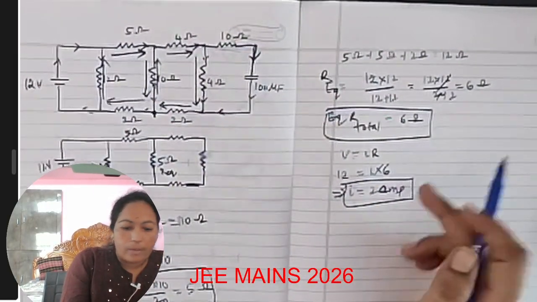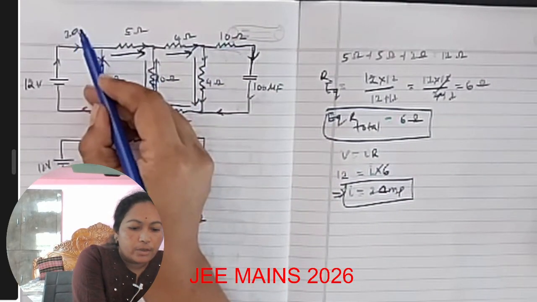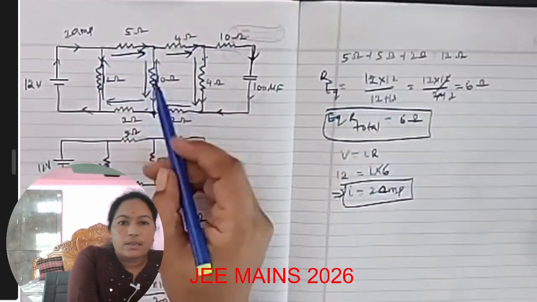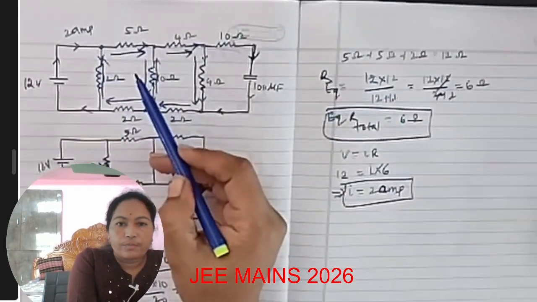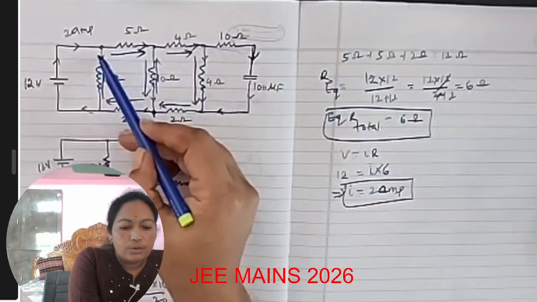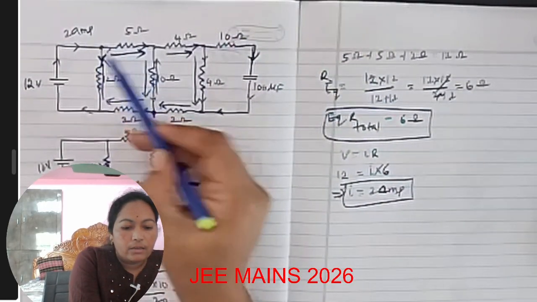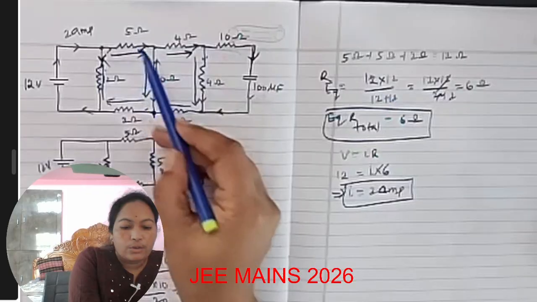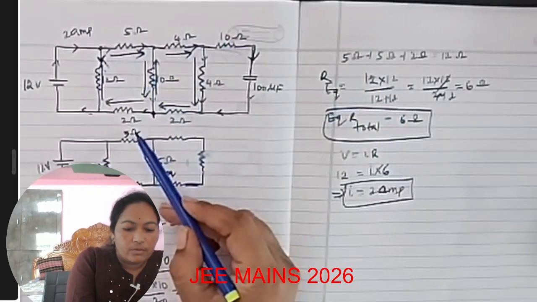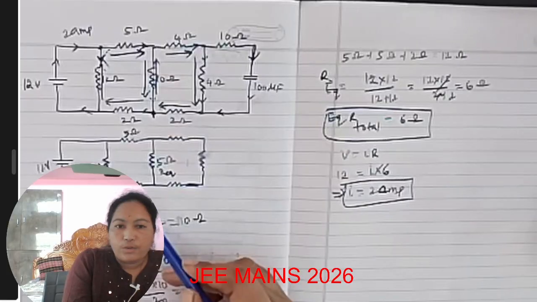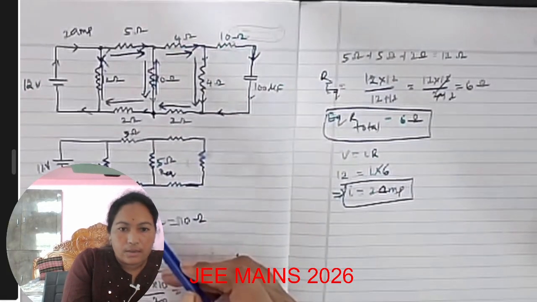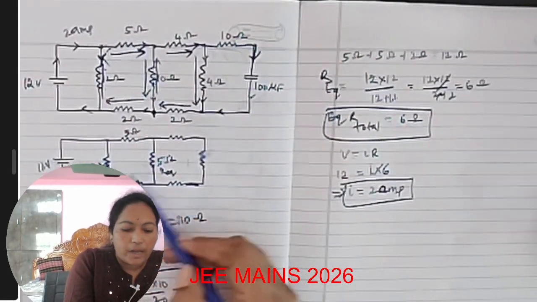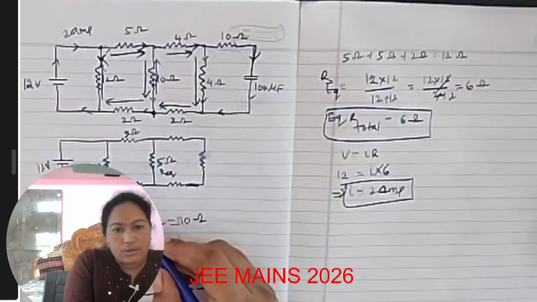The 2 amperes of current flows and reaches this node, and it divides into two parts, this way and this way. The total of these three resistors, 5, 5, and 2, will be 12 ohms, and the resistor which is parallel with all these three resistors is also 12 ohms.